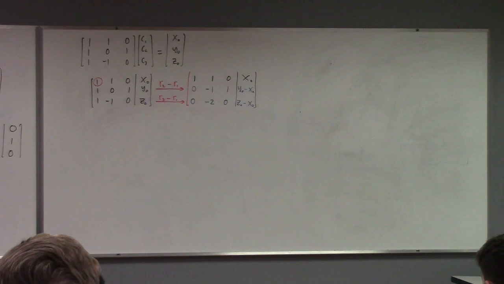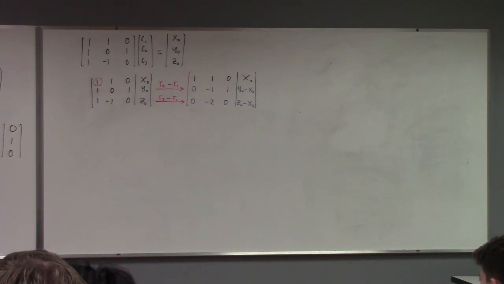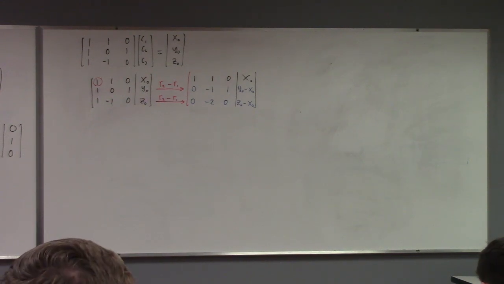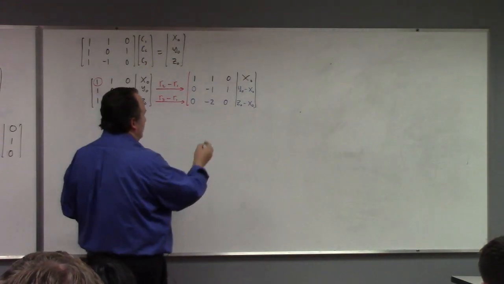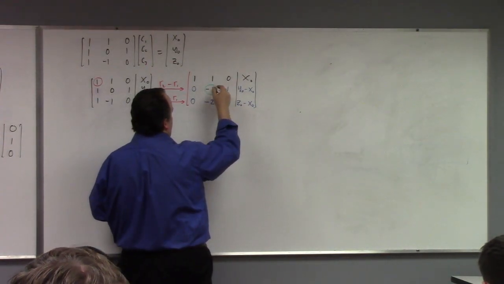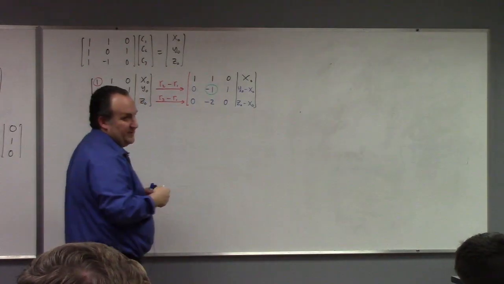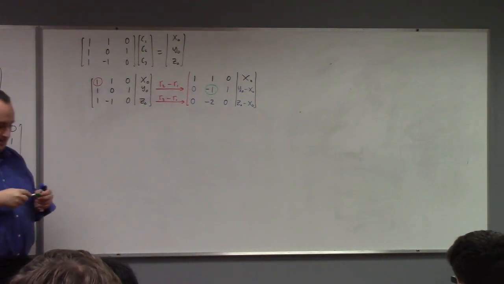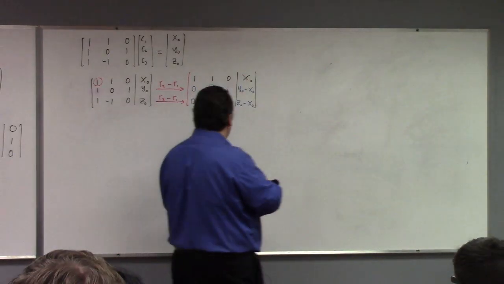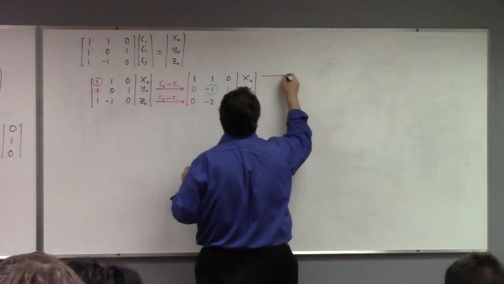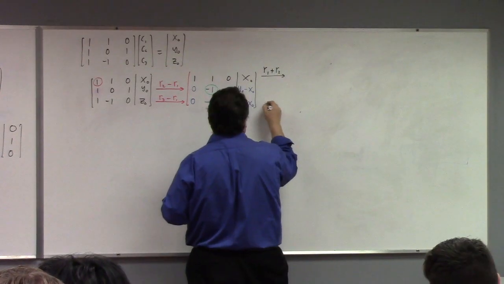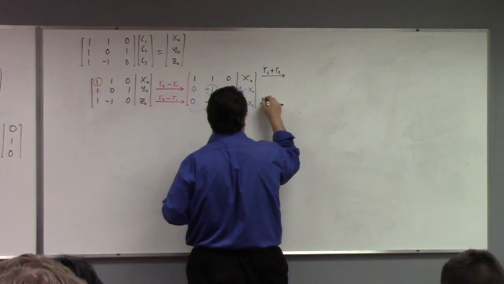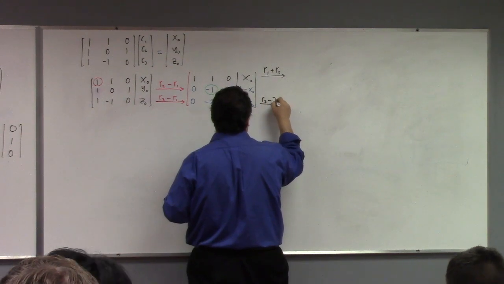Now, the standard algorithm says you clear the things out below the pivot positions and do something called the forward pass. Then once that's done, you go back and do the backwards pass. But there's nothing written in stone that says you have to do that. Here, I'm just going to clear above and below the pivot position all at once, since I can. My next move is row 1 plus row 2, and row 3 minus 2 row 2.